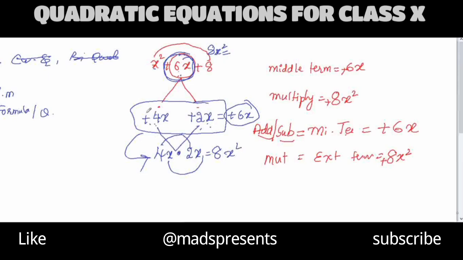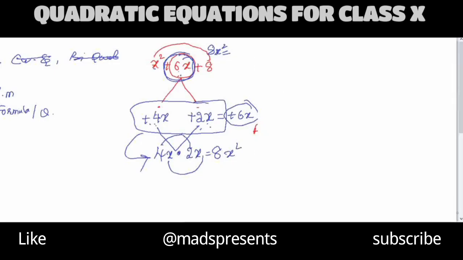So once again, here 6x is the middle term. This 6x can be split as 4x and 2x, so that if we add 4x and 2x, you will get 6x, and if you multiply 4x into 2x, you will get 8x square.